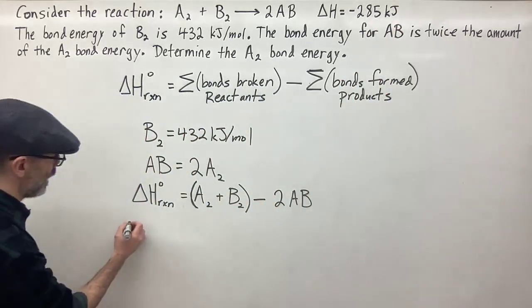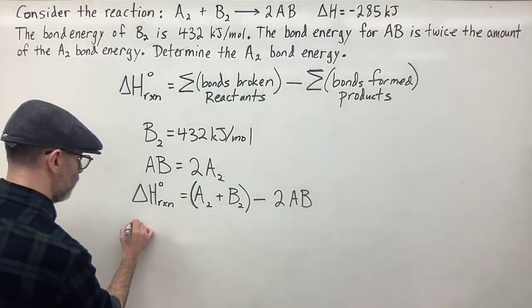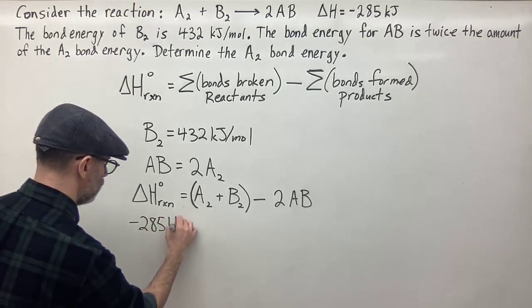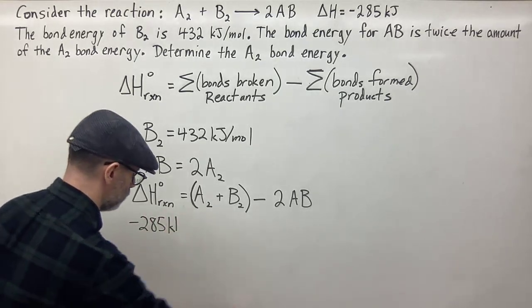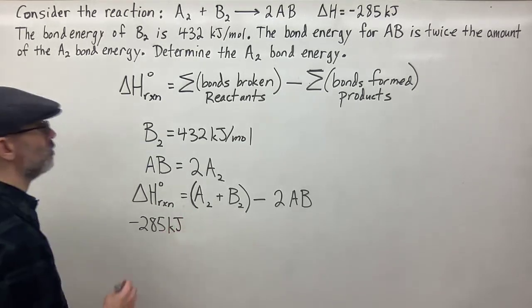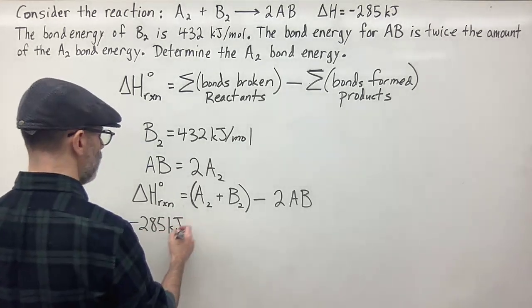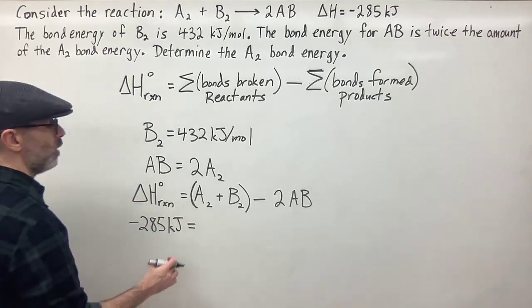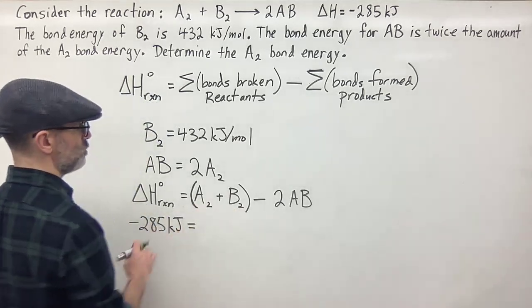So let's go ahead and plug that in. So it's a negative 285 kilojoules. Okay. And so then this here is going to be equal to, well, I have A squared plus B squared.